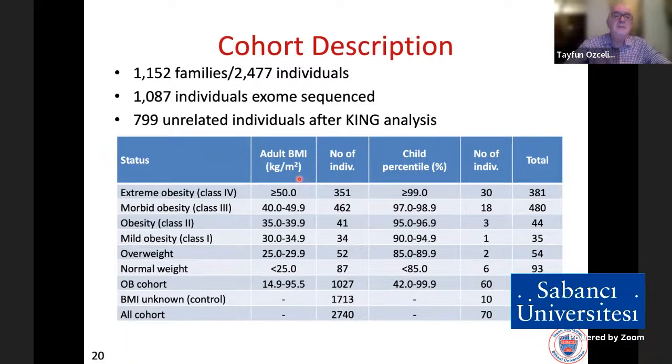So our obesity cohort consists of 1,152 families with 2,477 individuals, and we exome sequenced nearly 1,100 of them.